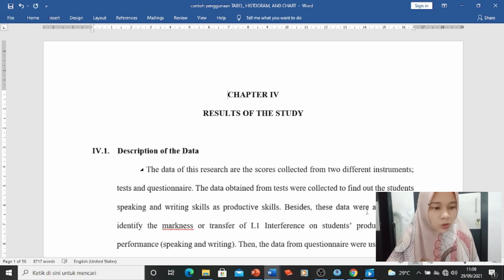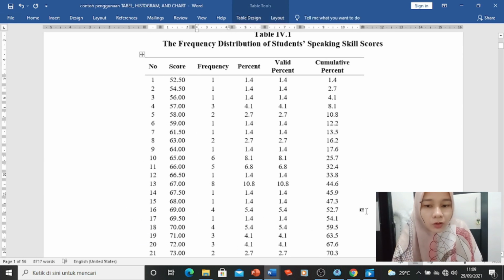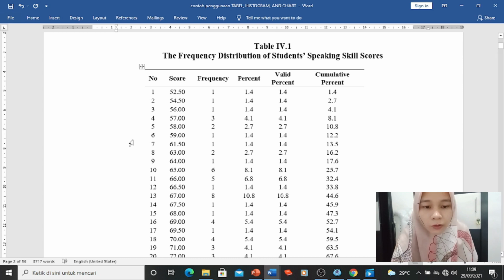Through this example, I'm going to show you a table. A table is actually not a part of graph or chart. If you go to Microsoft Word and go to the insert menu, table is in a different menu from chart.